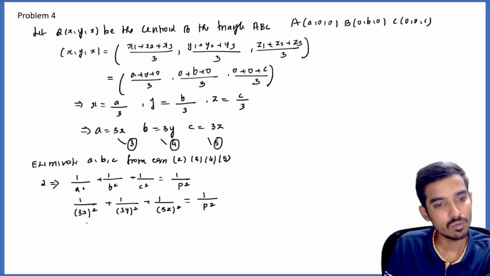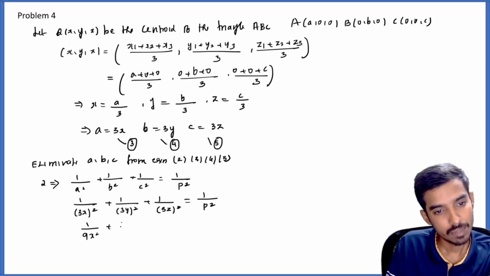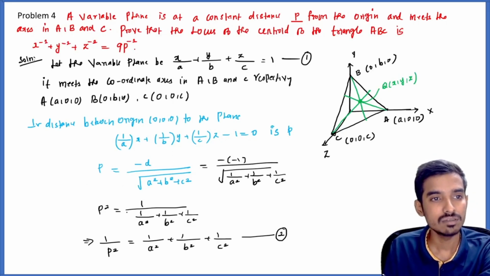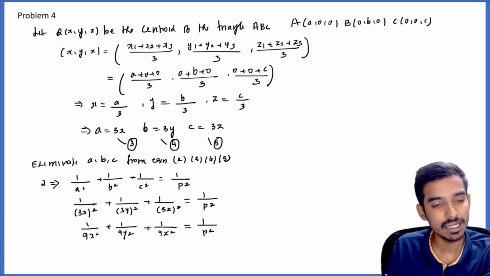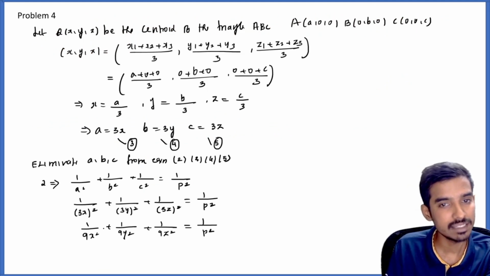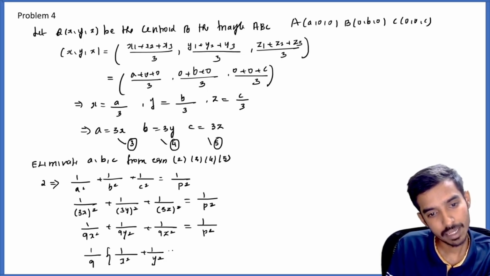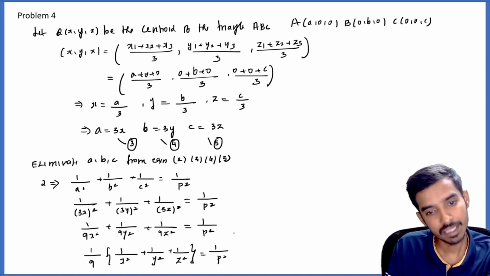That is 1 by 9x square plus 1 by 9y square plus 1 by 9z square is equal to 1 by p square. Let us take this 1 by 9 to the other side.